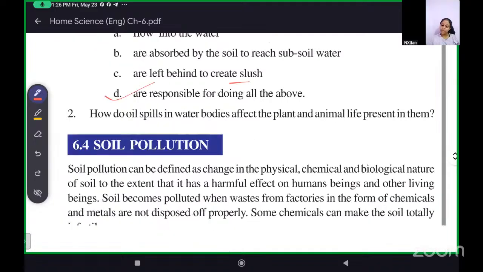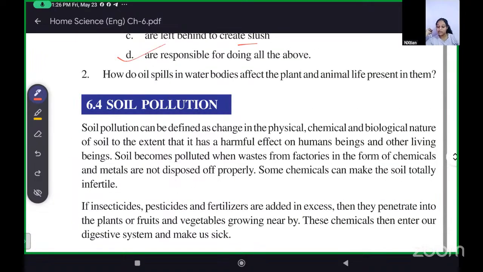How do oil spills in water bodies affect the plant and animal life present in them? It goes in the water, and that water isn't good for the animals and the plants, so it kills them.